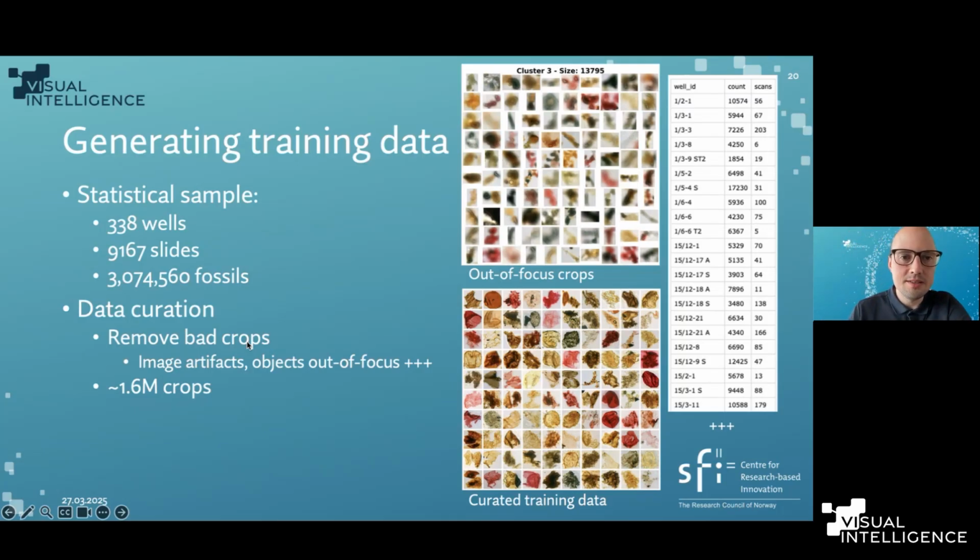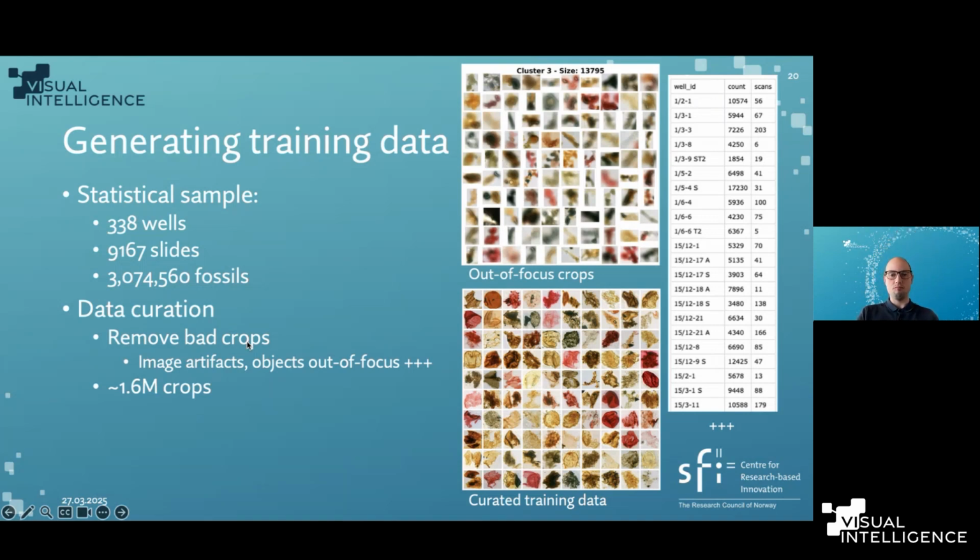So in the end, we have a data set of about 1.6 million crops with really nice quality, as you can see in this random sample from the curated training data in the bottom figure here.